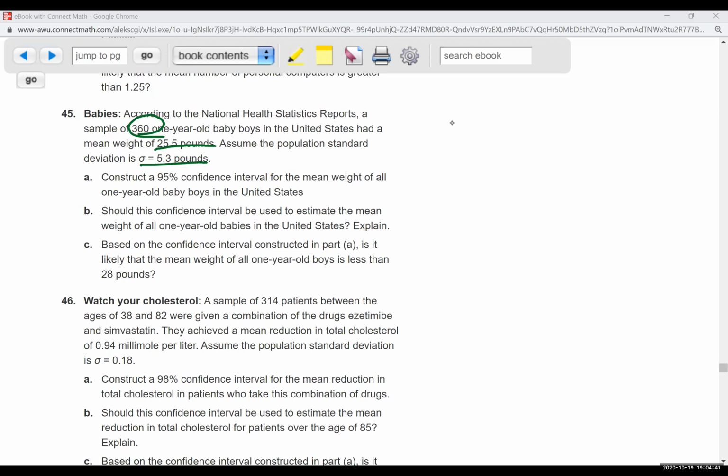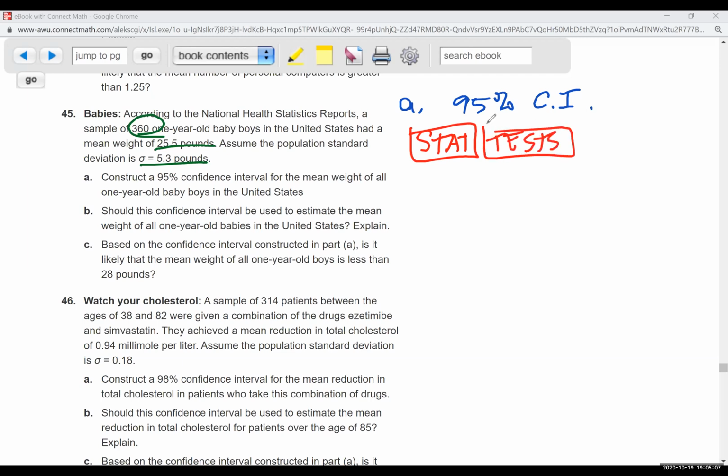So letter A, construct a 95% confidence interval. So 95% confidence interval. We use stat, test, z interval. So enter all the givens.